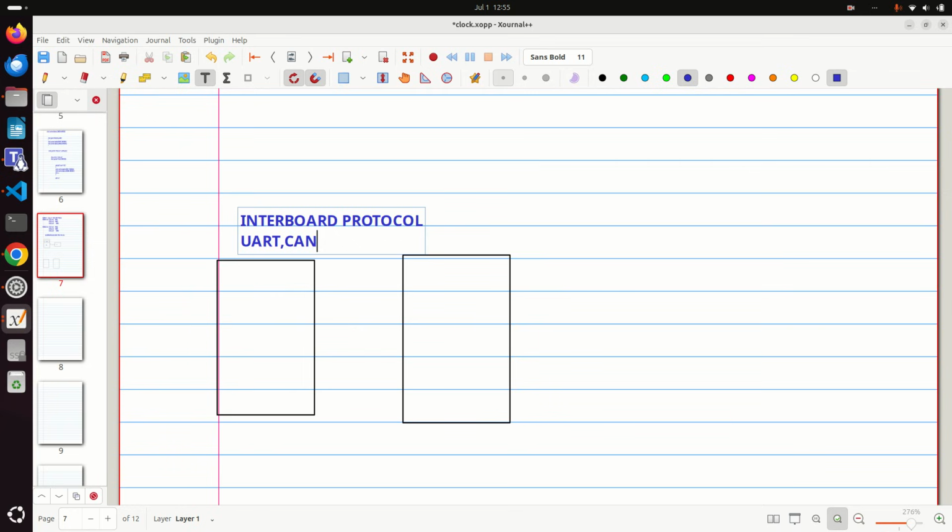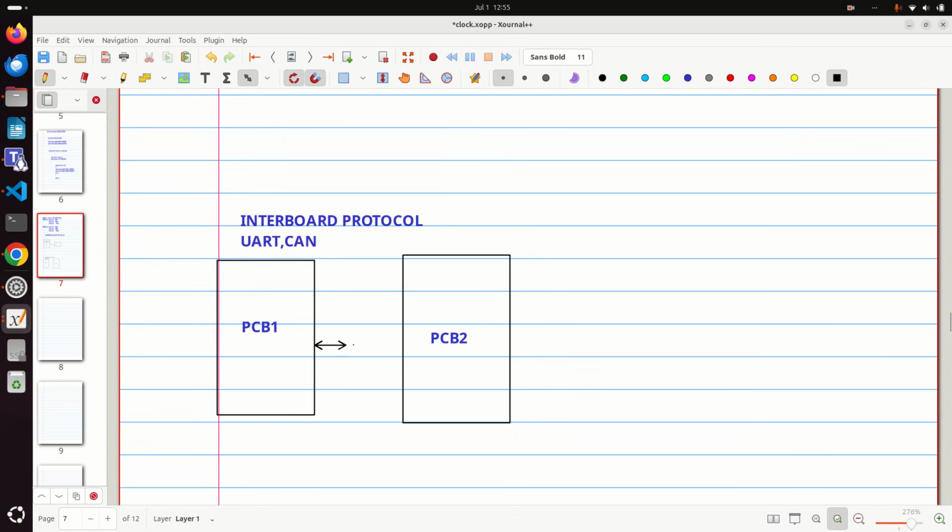If communication happens between two different boards, here we have two different boards, right? This is PCB1 and this is PCB2. Both are boards.